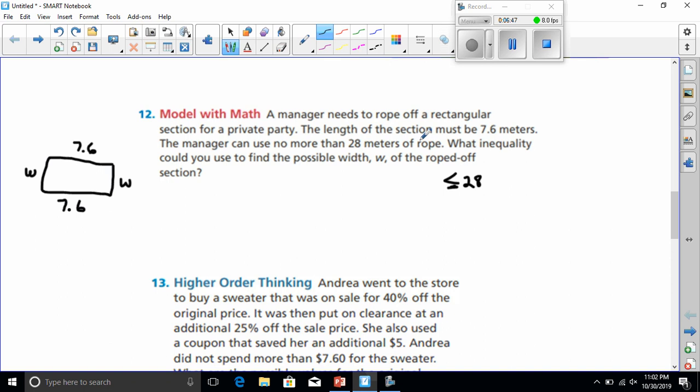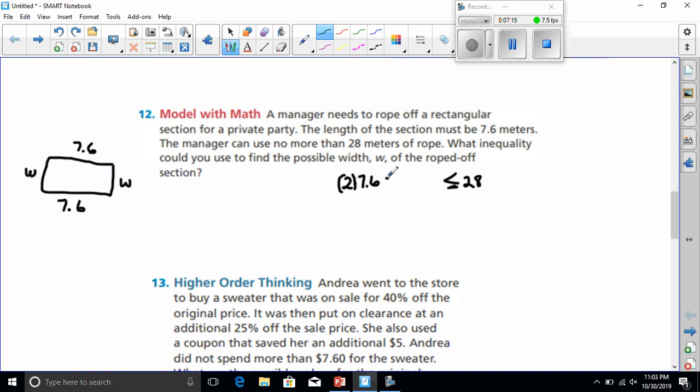Now let's see. Well, it says to find W, I could go ahead and put this in the equation. There's two 7.6s, so we could say 2 times 7.6. And then, we're talking about the length of the rope to go around.